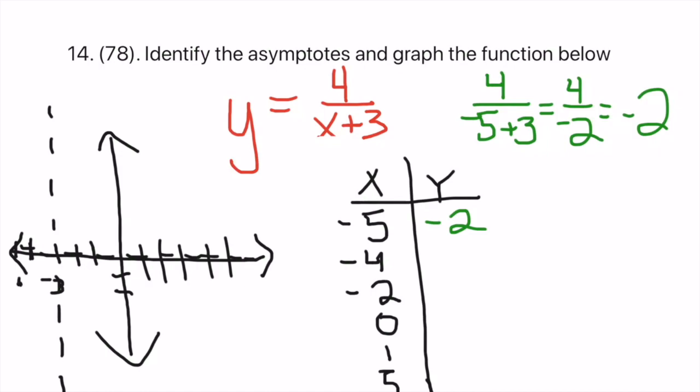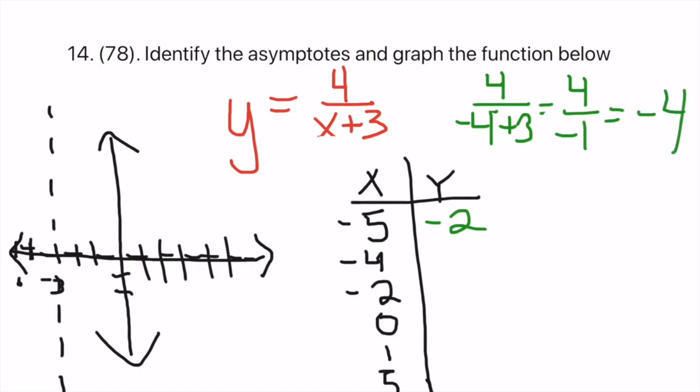There's one of our spots. Now let's plug in -4. So -4 plus 3, that's 4 over -1, or -4. So we have -4, -4. So here's our -4, and then we'll go down 4, about right there.